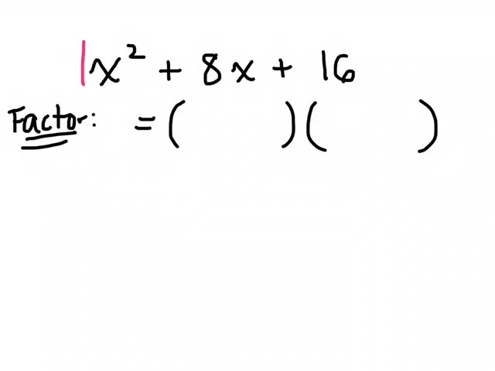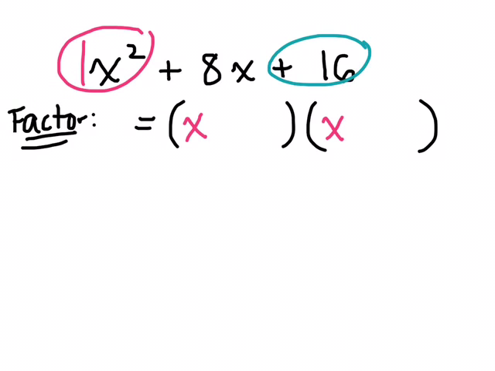What's the square root of x squared? x. x times x is x squared. And what's the square root of 16? What times what is 16? You look to b to see what sign it is. So b is what? Positive. That means that our factors will both be positive. And that's it. That's how I factor a perfect square trinomial.